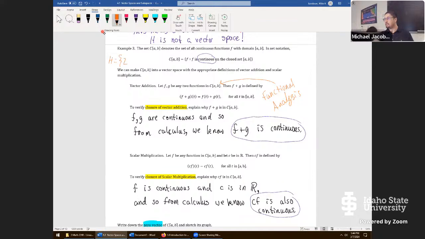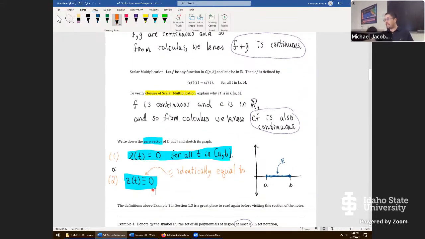Put in the zero function, we indicate it just by Z, and it is a subspace of C[a,b] immediately. The challenge with these kind of vector spaces and subspaces is, if it was a little bit more involved, if this was a larger set of functions, then we would have to write down the zero vector and show that it really truly belongs to that subset.